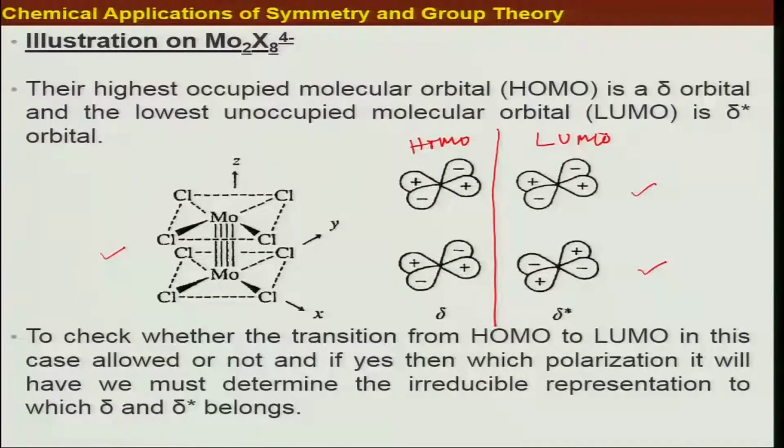All right. Now, if we have to find out whether the transition from HOMO to LUMO is allowed in this particular case, and if it is allowed, then in which particular direction, what we have to do is determine the irreducible representation to which these two orbitals, delta and delta star, belong.